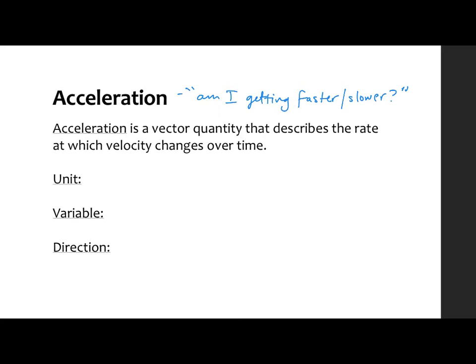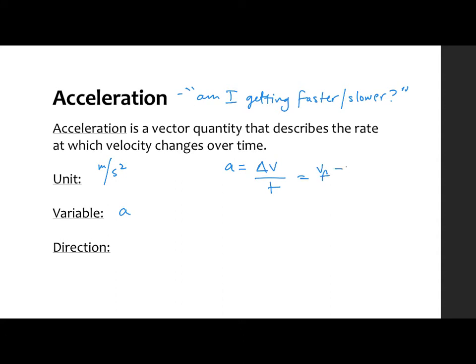The unit we use is meters per second squared, so that each second that passes, you're changing your velocity. The variable we use is a, and it also has a direction, which I'll get into in a moment. Acceleration is given by this equation: change in velocity over time.